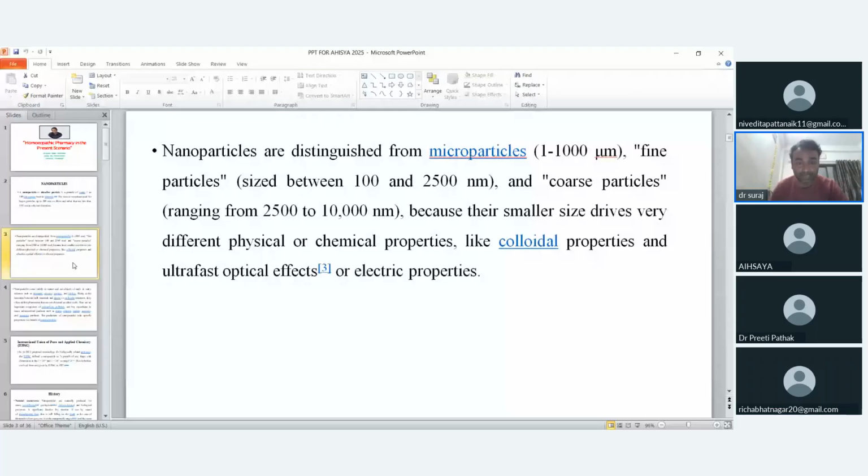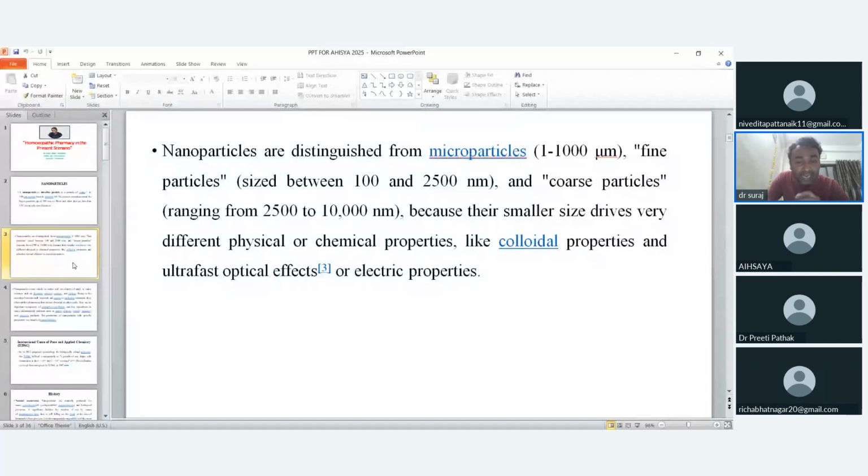That's why today we have shifted towards nanoparticles. Now we have nanomedicine. Why? The rate of absorption and miscibility of these minute structures is higher than coarse particles. Because of their smaller size, they have different physical as well as chemical properties.